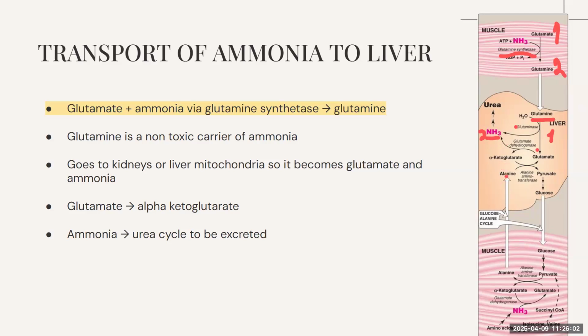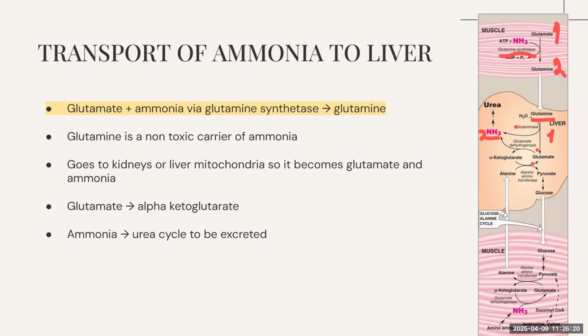Alpha-ketoglutarate and alanine join together, giving me glutamate and pyruvate with the help of ALT. Pyruvate becomes glucose, and the glucose is used in the glucose-alanine cycle so that it can be recycled.